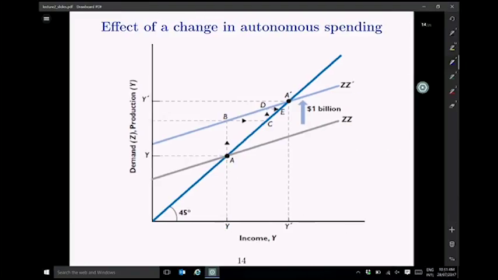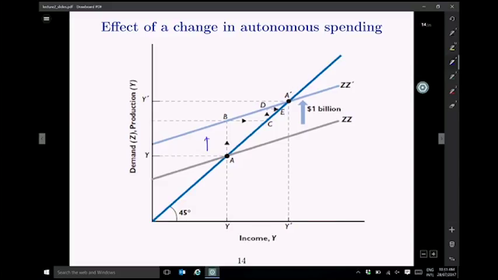Technically, this is exactly what's going on here. Let me repeat this process. Hope you are with me. If government spending increased by 1 unit, that's a 1 unit increase in autonomous spending, and what happens to aggregate demand is that this ZZ line will shift up. Why?